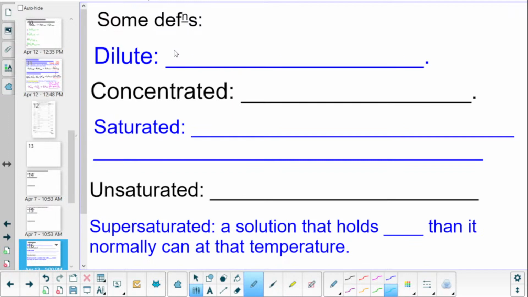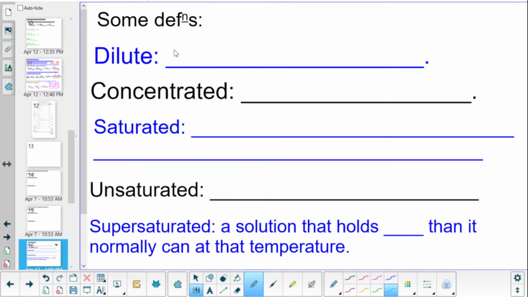Solvent. I think this can only be solved with a vote because that's how science runs. How many of you think that dilute means lots of solvent? How many of you think that dilute means lots of solute? Nobody voted.